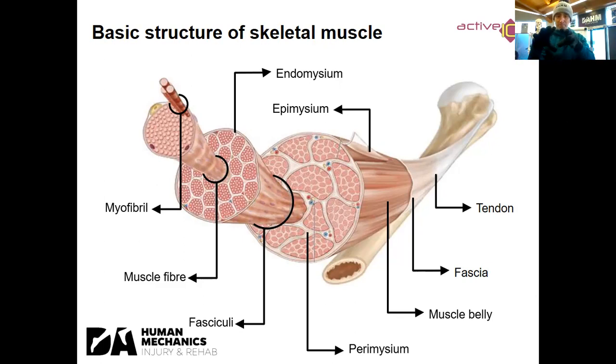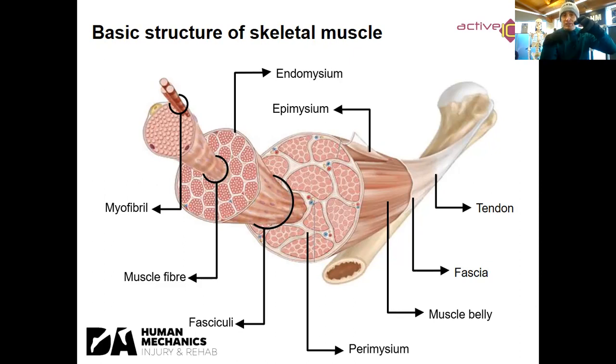Okay, within the epimysium, you have fascicles, so individual groups of muscle fibers. And in between the fascicles, you have the perimysium. The perimysium is like connective material that holds these together.